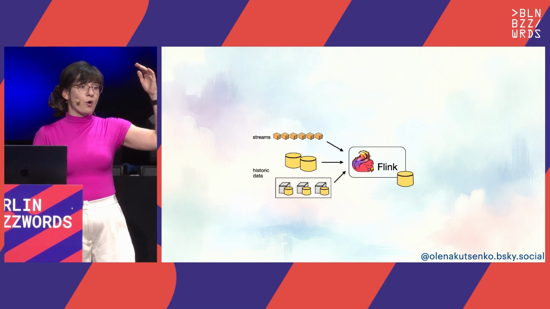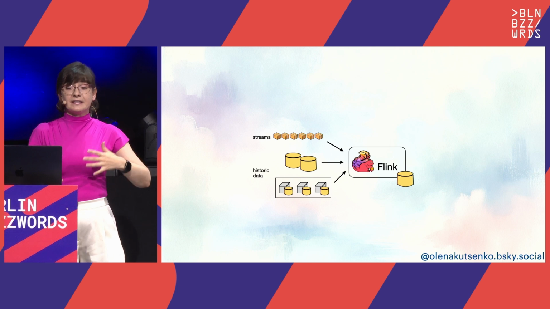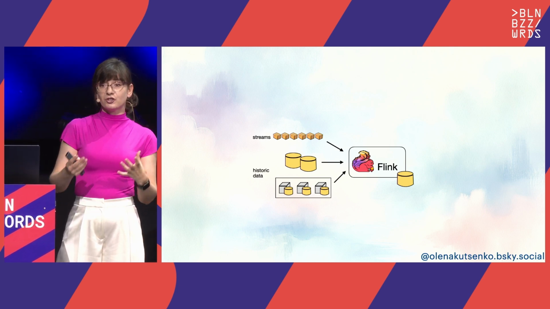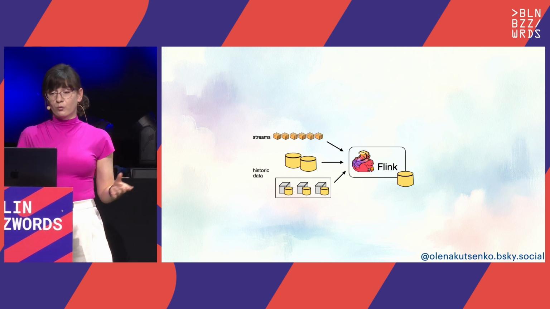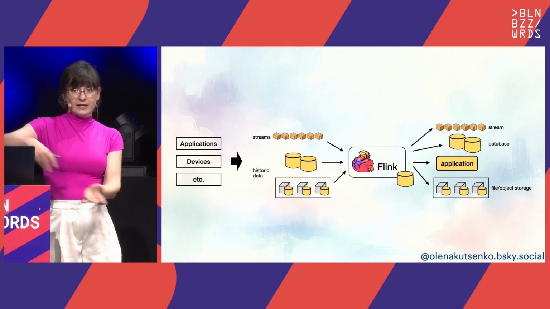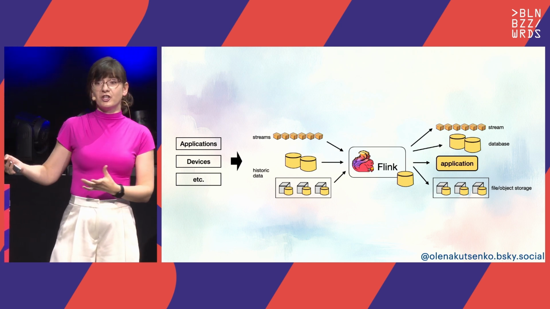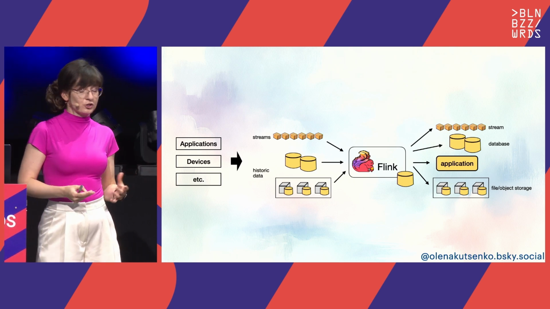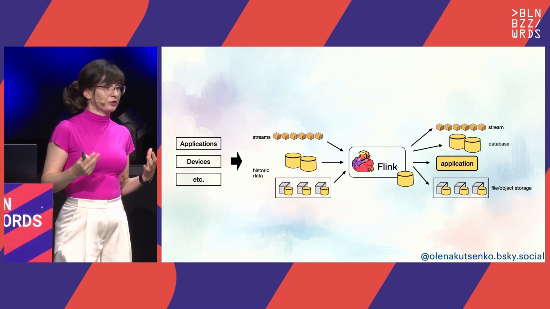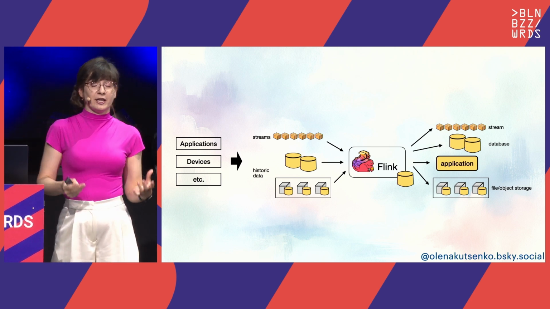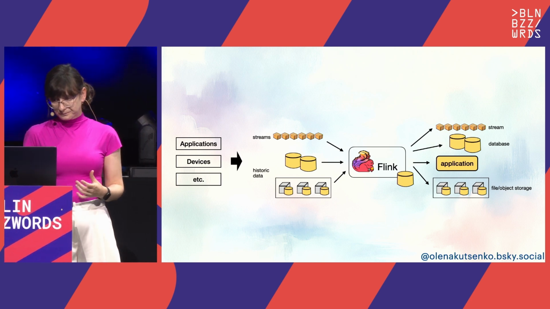And then it can combine that historical data together with the real-time data to make decisions and decide on whatever you want to calculate, and then send that to the destination in your pipeline, or do whatever you want with that information. So a lot of decision-making potential here, and Flink is being used for many different applications at the moment.